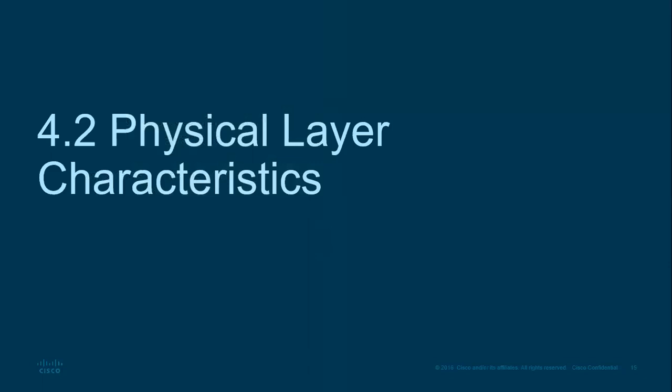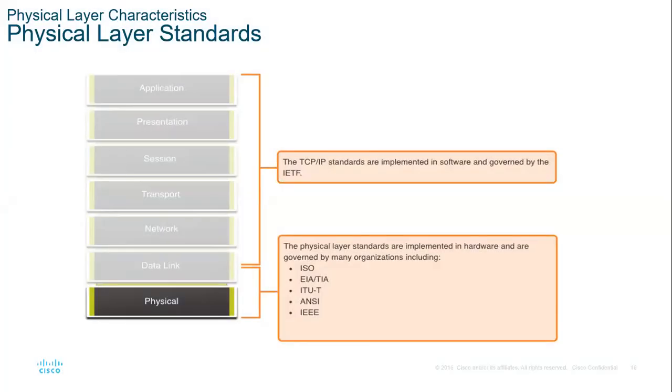Physical layer characteristics is the most important thing in this session. So, as I said, in the OSI reference model there are 7 layers: application, presentation, session, transport, network, data link, physical.